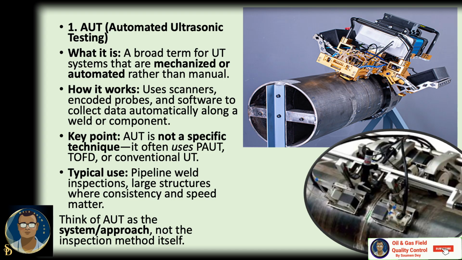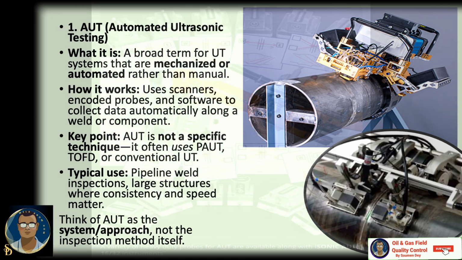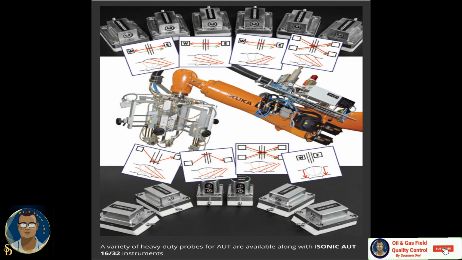What it is: a broad term for UT systems that are mechanized or automatic rather than manual. I told you how it works: it uses scanners, encoded probes and software to collect data automatically along a weld or component. Key points: AUT is not a specific technique. It often uses PAUT, TOFD and conventional UT.